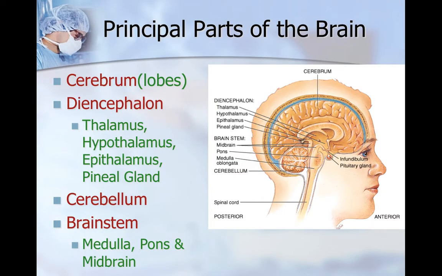Okay, as mentioned, the principal parts of the brain are the cerebrum, which has 2 lobes, the diencephalon, which includes the thalamus, hypothalamus, epithalamus, and the pineal gland, your cerebellum, the brain stem, which has the medulla, pons, and midbrain, and you can see all of those listed here and labeled where they are at on the human brain.